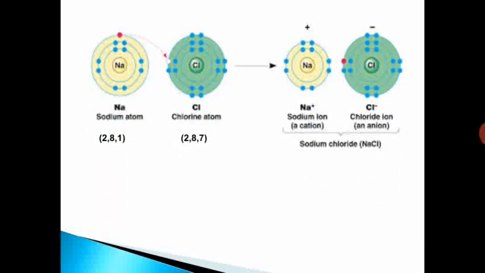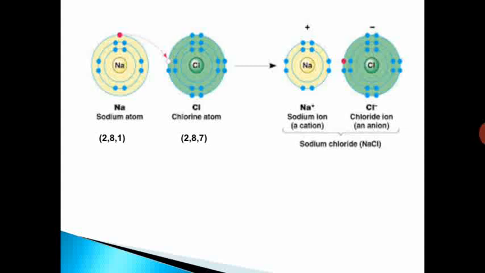Let us learn how elements form chemical bonds either by giving or taking. Just now I have told you they either give or take to form a chemical bond. How it happens we can consider with the help of this given example. The electronic configuration of sodium is 2, 8, 1, meaning it has 1 electron in its outermost shell.